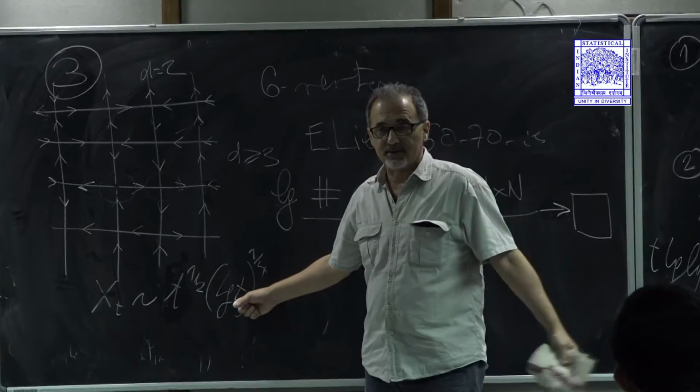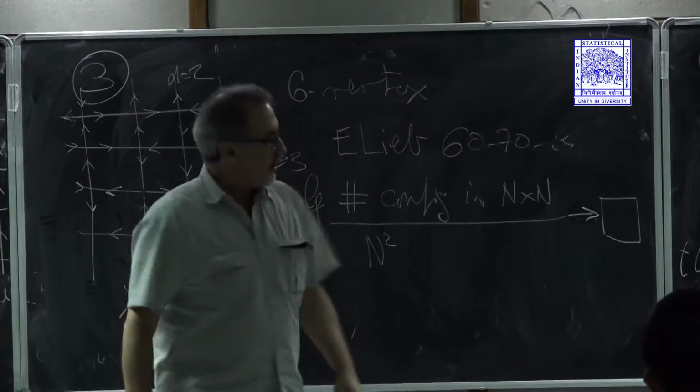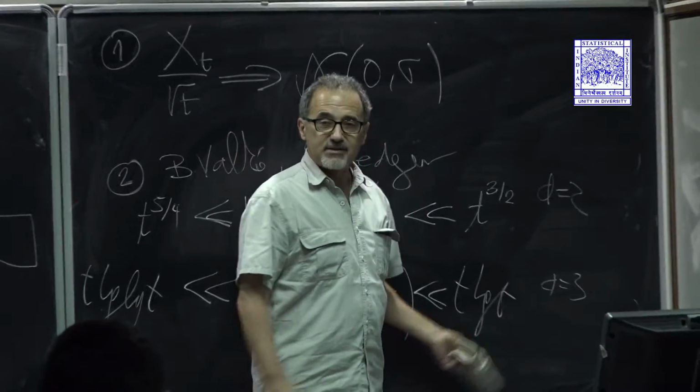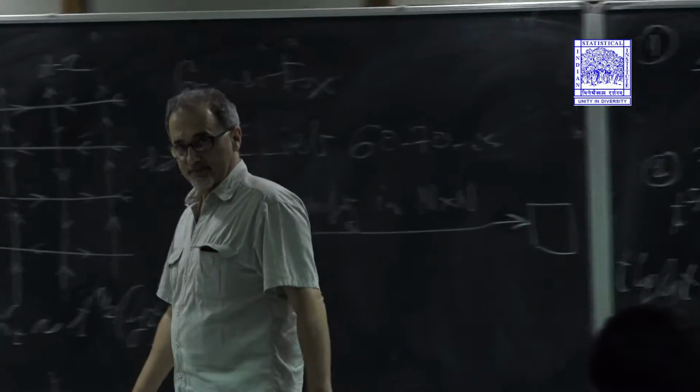Squared, of course, because I did this. So we are far away from matching upper and lower bounds. Always the upper bounds are almost not trivial, but straightforward. The lower bounds are interesting here because it's about super diffusive.